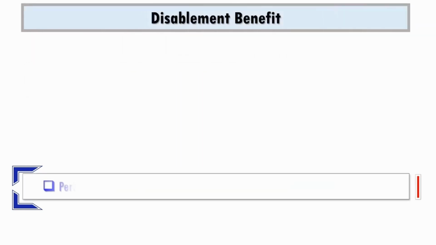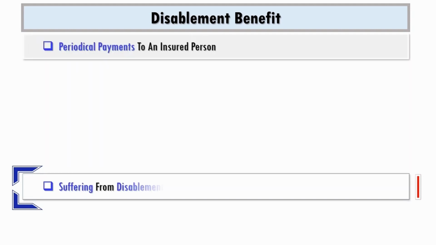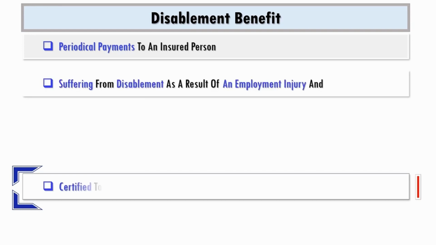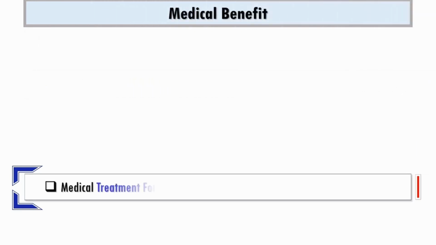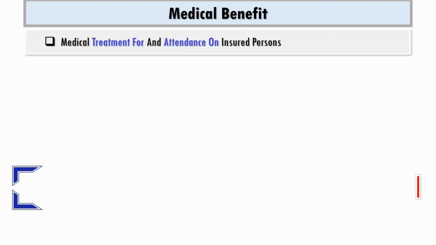ESI disablement benefit is available to an insured person as a periodical payment towards disablement resulting from an employment injury, duly certified for eligibility. Medical attendance and medical treatment of insured persons is a part of medical benefit.